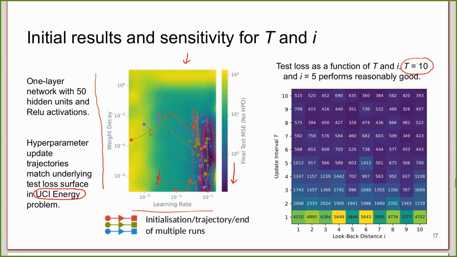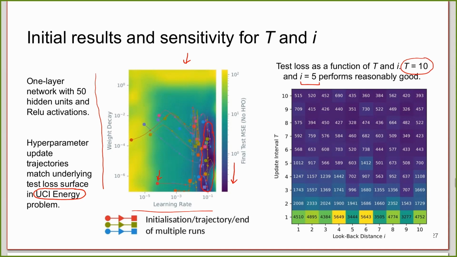And now we see here how things change as you update the number of times t at which you optimize your hyperparameters. You can update more frequently or less frequently. And then I, which is the number of elements in your truncated power series. In blue, lower is better. Here, this would be like the test loss.